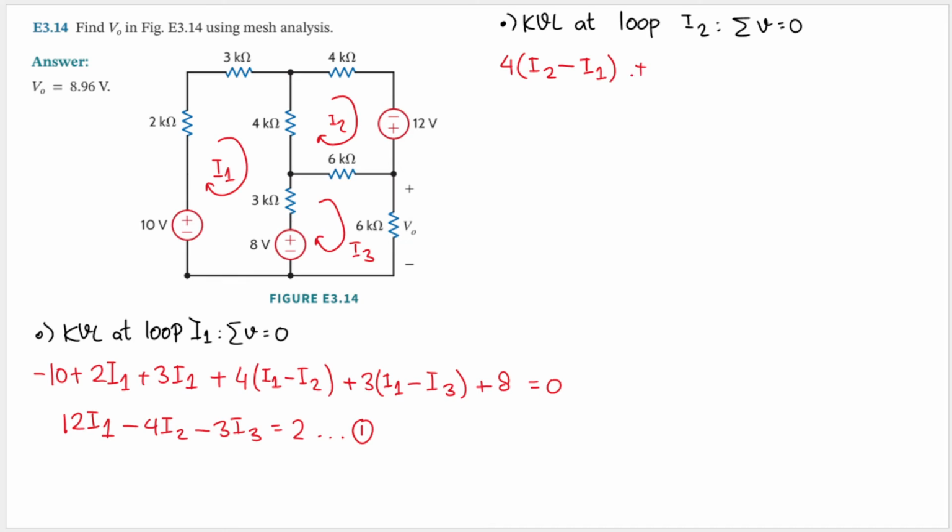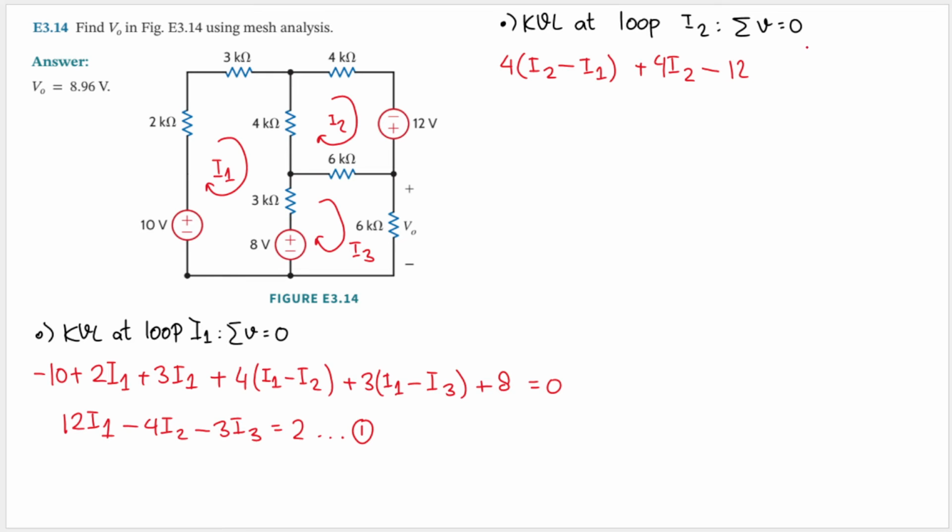Okay, and then let's move on to this resistor here. So we'll have 4. And the only current that pass through it is I2. Good. And then we have a voltage source, and the sign will be negative because the current is going into the negative terminal. So we'll have minus, and the magnitude will be 12. Good.